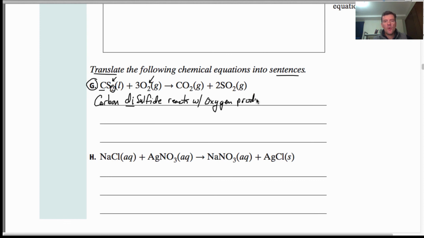Produces, or you could say yields, produces what? Carbon is a nonmetal, oxygen is a nonmetal. 2 nonmetals. Use prefixes. Produces carbon dioxide and, this is nonmetal and another nonmetal, sulfur and oxygen.